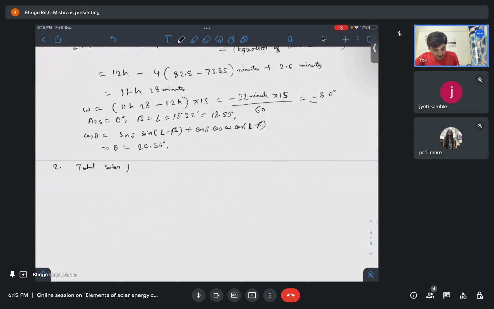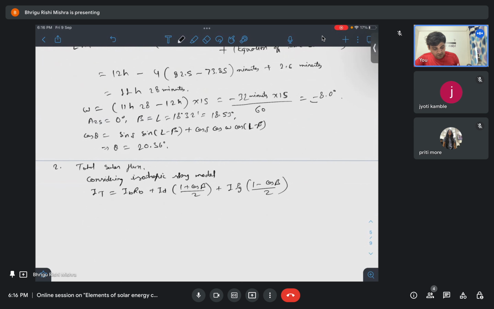If you remember the formula, considering the isotropic sky model, IT is IB RB plus ID (1 plus cos beta)/2 plus I rho g (1 minus cos beta)/2.